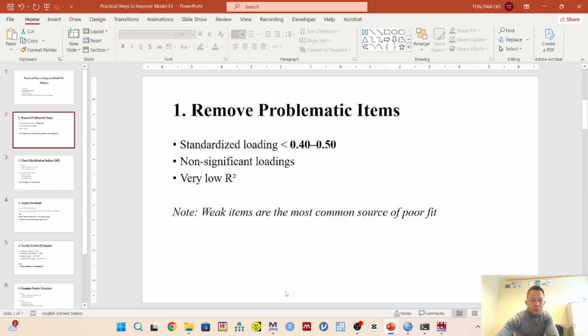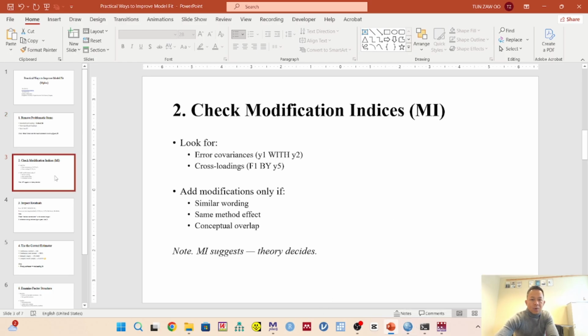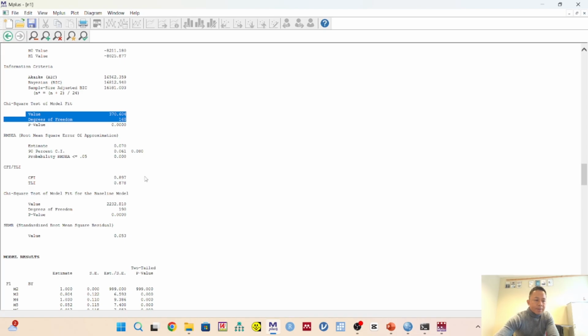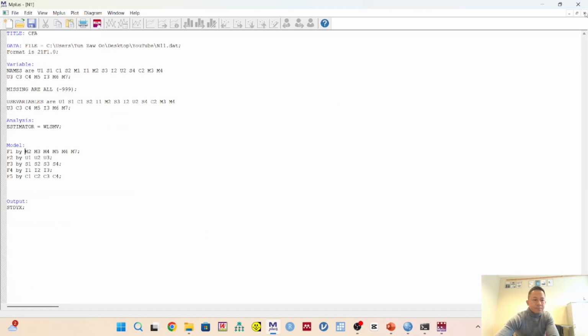That is why we are trying the second way, the modification index. Let us check the second way. I will use the modification index. That's why we are trying to run MODINDICES. The modification index should be around 10 and above.